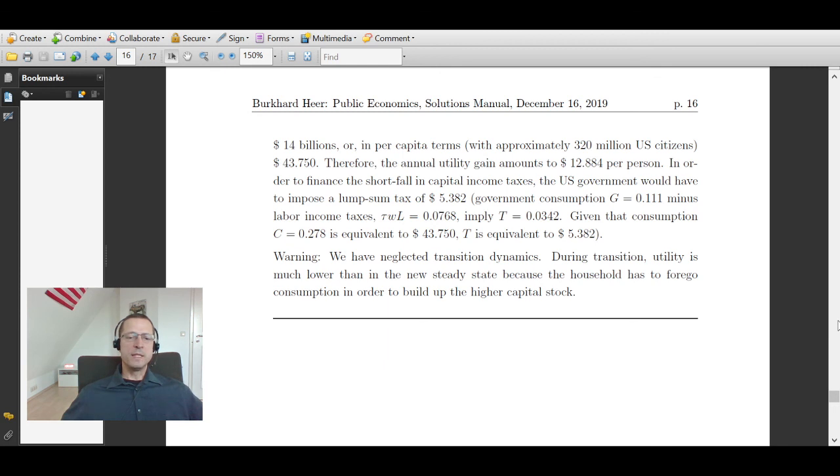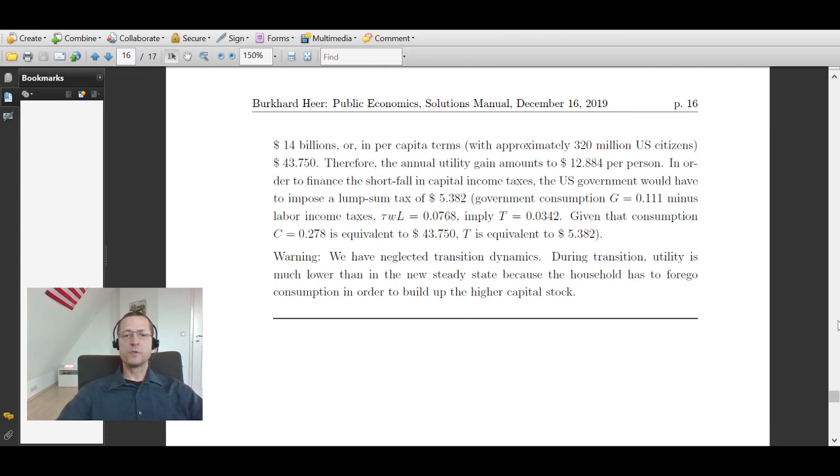So therefore, if we wanted to give a fair evaluation, should the government today get rid of capital income taxes, we should also compute the transition dynamics and would find, of course, that the capital income tax rate should be higher in this case.